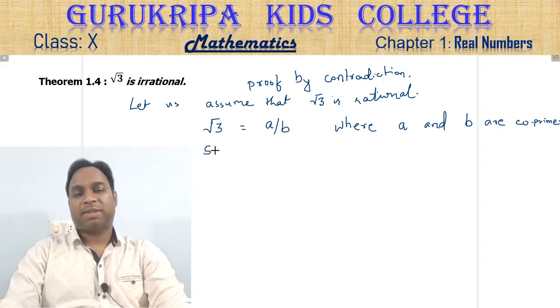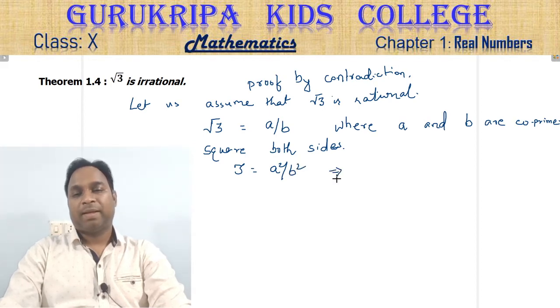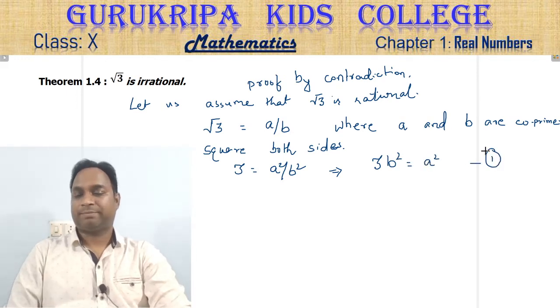Now square both sides. What do you get? 3 is equal to a square divided by b square. This implies 3 times b square is equal to a square. This is our equation number 1.